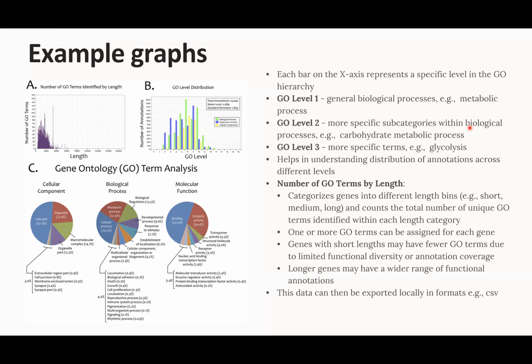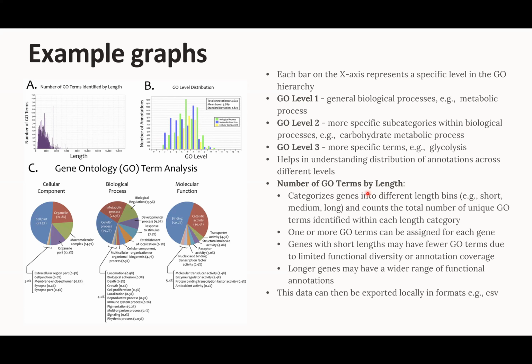We specify, for example, this is a carbohydrate metabolic process. And then the third level is more specific. It will tell you something like, this is glycolysis, which is a type of carbohydrate metabolic process. This is just to help you understand how your genes are distributed in different levels.